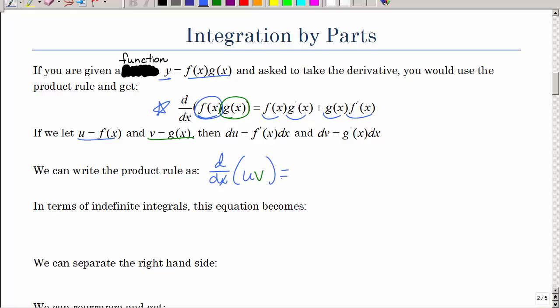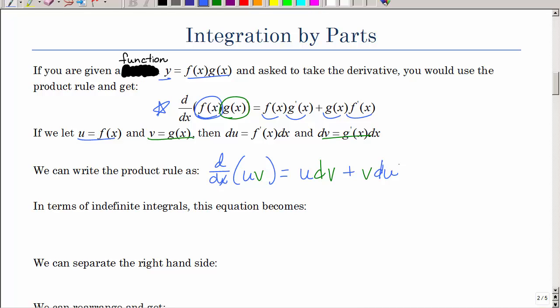So that now becomes f of x times the derivative of g of x plus g of x, or v, times the derivative of f of x. Now that looks kind of ugly, but bear with me.